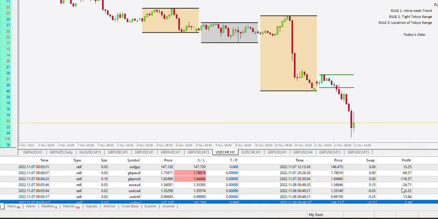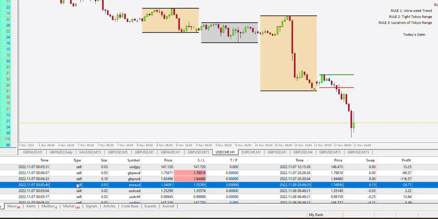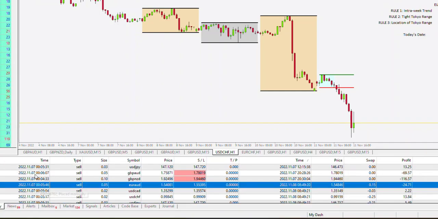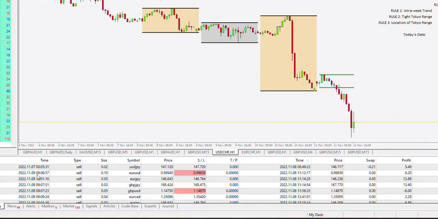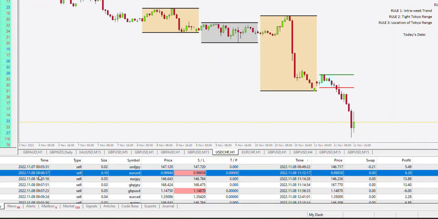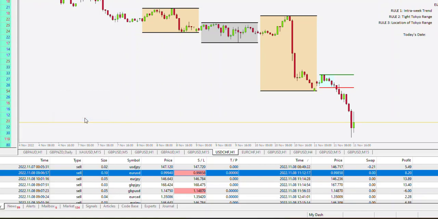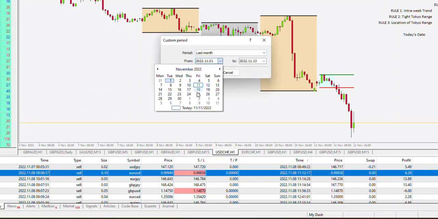Some of them didn't do well on the day, but for the ERXGen we didn't have any setup on Monday the 7th. But then from the 8th, at 9:06, we started to get into the trades for the ERXGen Breakout. So I'm just going to do the custom now to start from the 8th, and you will see what I mean.